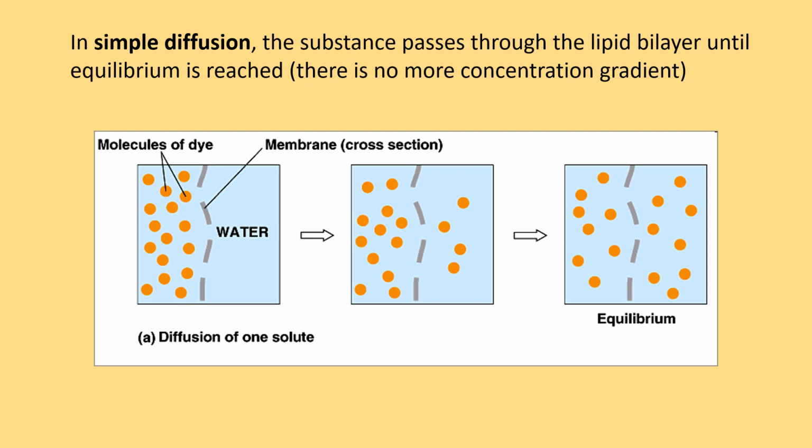And the two solutions on the left side and the right side of the membrane will come into what's known as equilibrium. When the concentration gradient has been destroyed, we say that those two solutions are in equilibrium and there are equal concentrations of orange dye molecules in the solution on the right side of the membrane and the solution on the left side of the membrane.